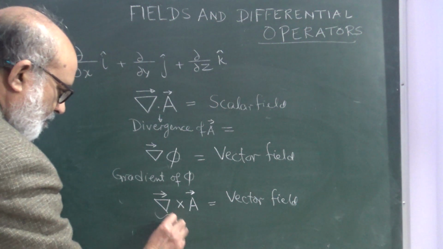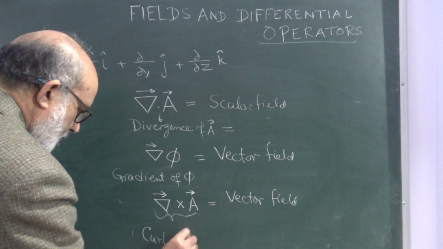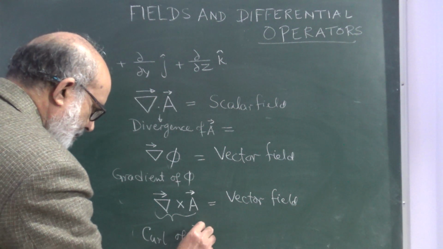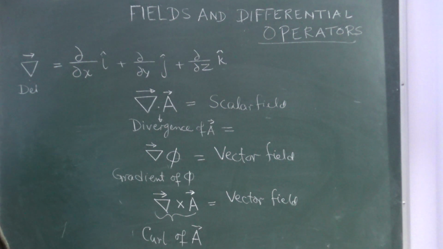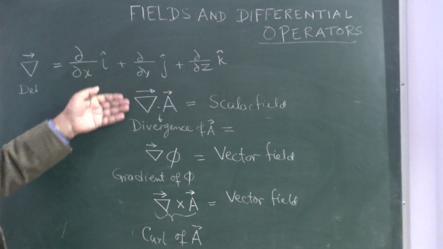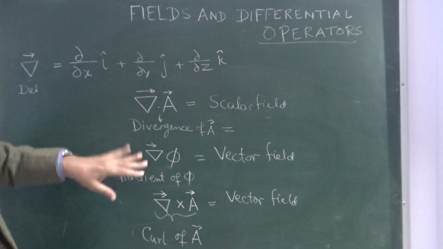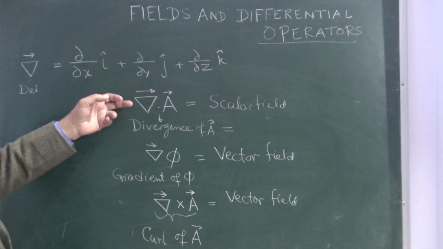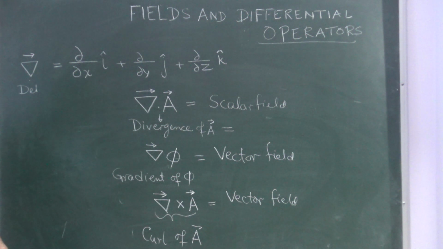And this is called curl of A. Curl of A is a vector field. We will discuss independently divergence, gradient and curl, what they give.